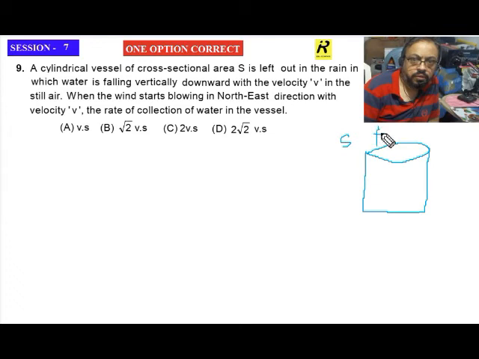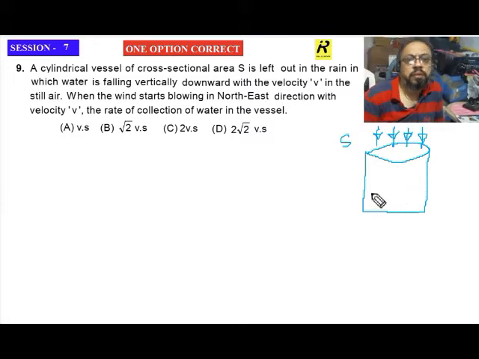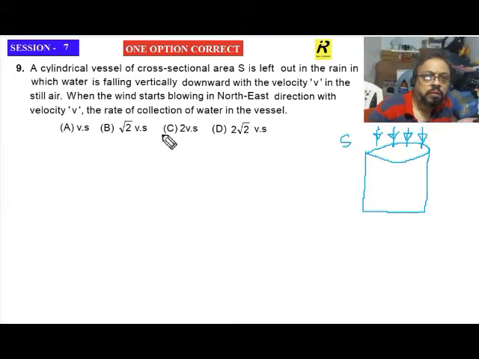So rain is falling like this. This is rain. So the raindrops will collect in this vessel, and it is said the air is still.